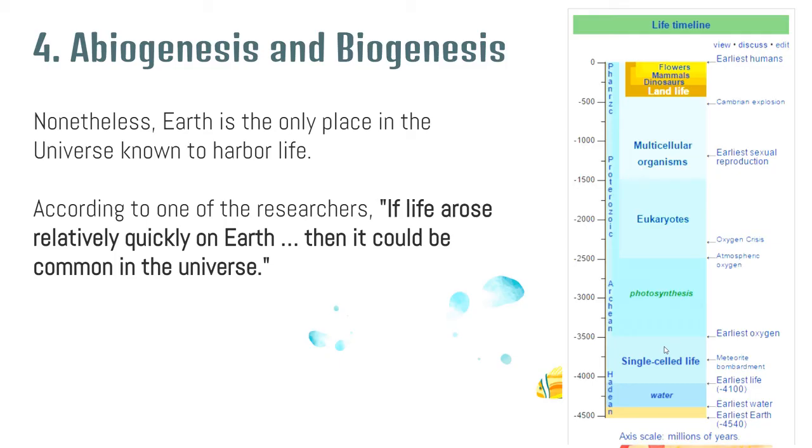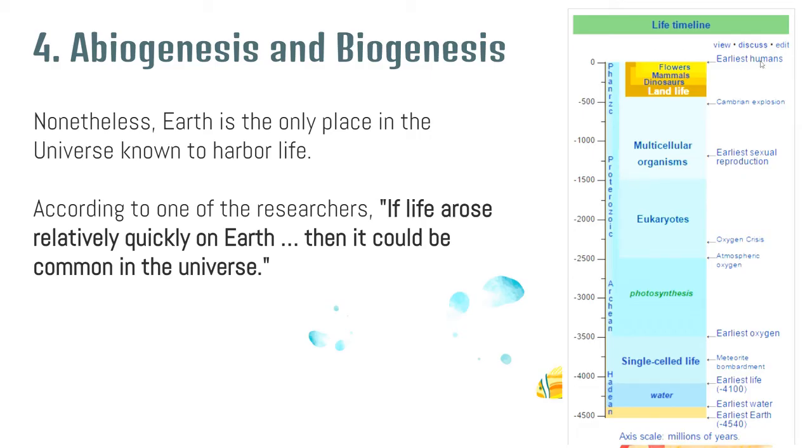Then eventually, the single-celled life continues to evolve. So we now have photosynthetic microorganisms, which gave rise to eukaryotes. Eukaryotes eventually evolved into different multicellular organisms and were able to colonize the land. Then we have dinosaurs, mammals, flowering plants, and now earliest humans.